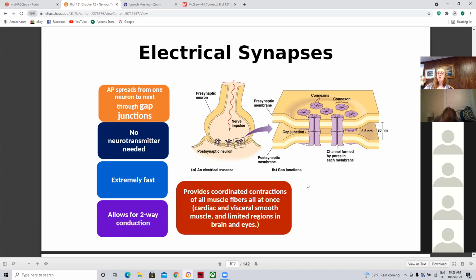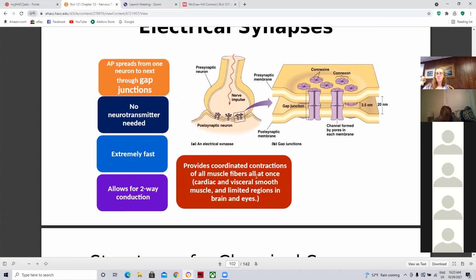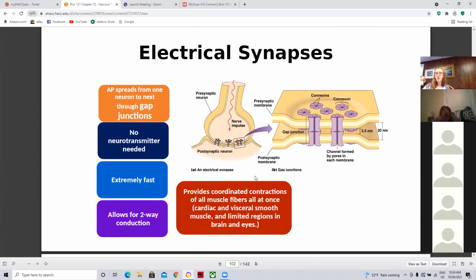So they provide coordinated contractions of all the muscle fibers all at once. This is why all of your heart muscle contracts at one time and relaxes at one time, allowing for the heart to be an effective pump.